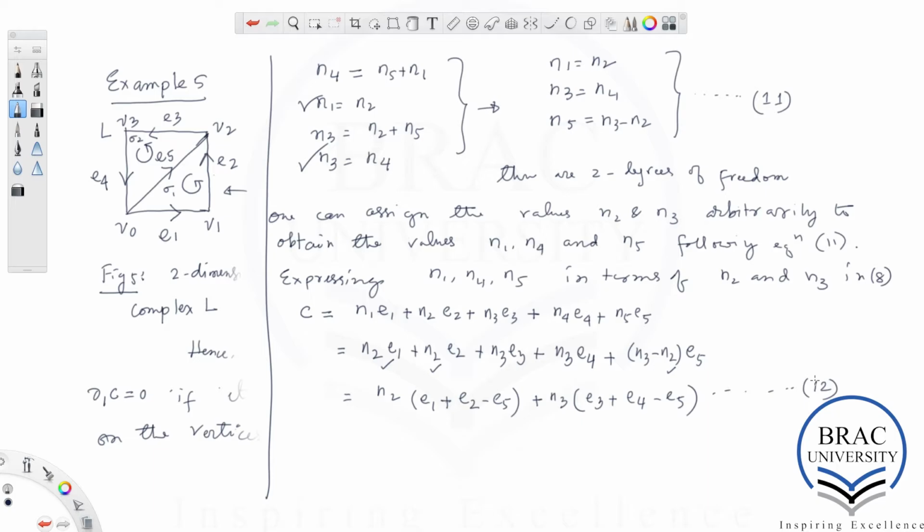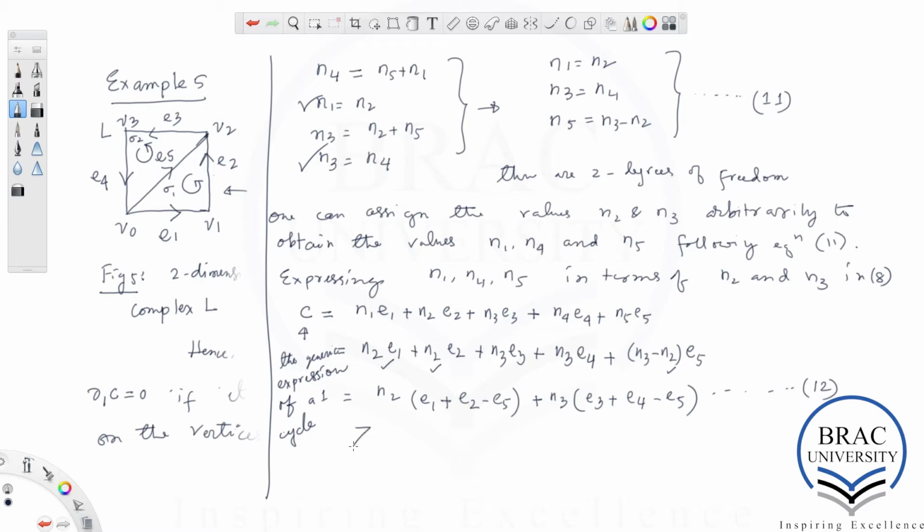So what is this? This C, the generic expression, this is the generic expression of a one cycle, which turns out to be generated by two sets.